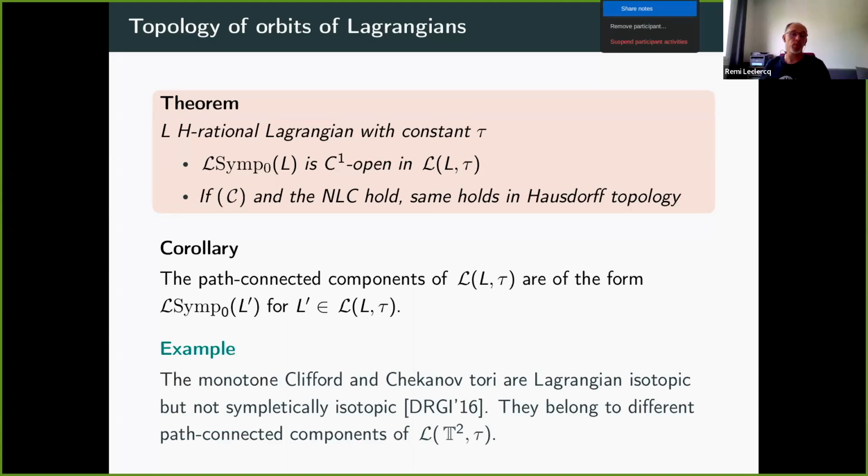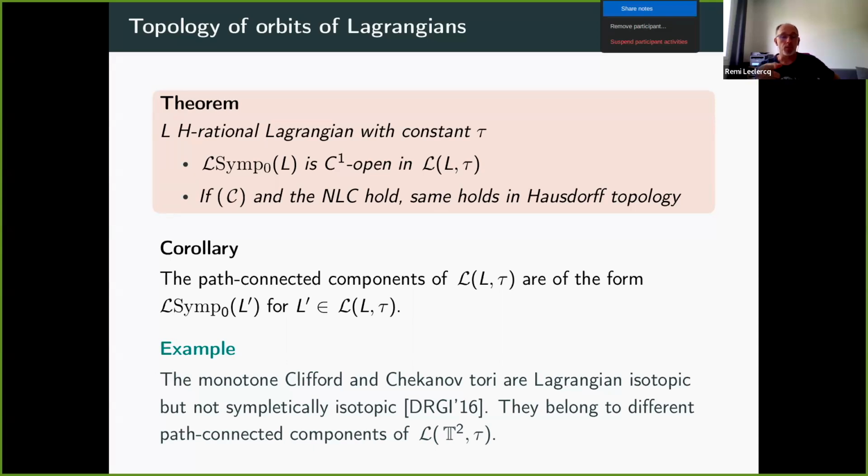One example, which is fun, probably it was known before, but not by me: when they proved the nearby Lagrangian conjecture, Dimitroglou Rizell, Goodman, Ivrii also showed that the monotone Clifford torus and the Chekanov torus are Lagrangian isotopic, but not symplectically isotopic.